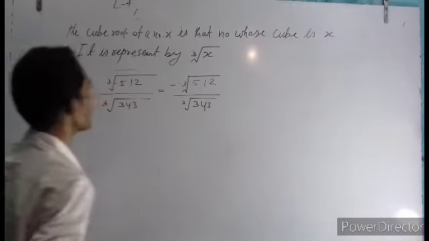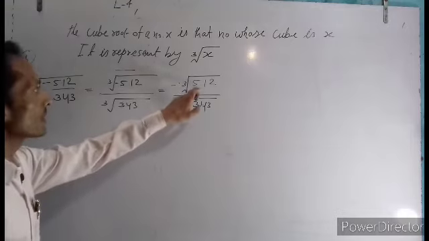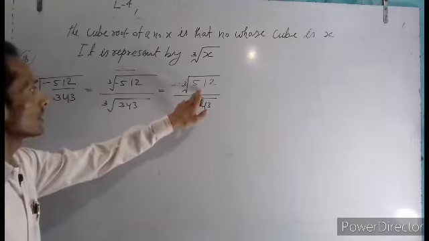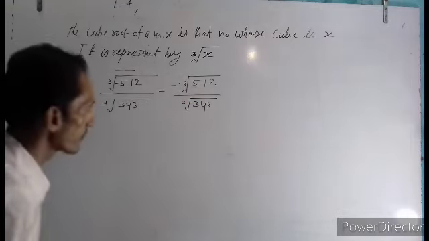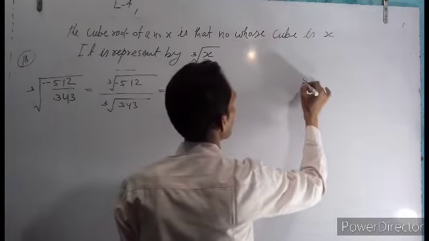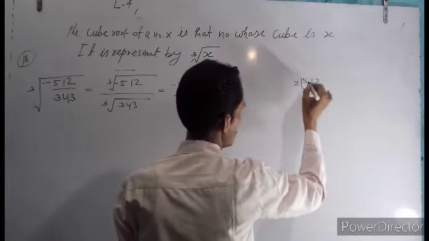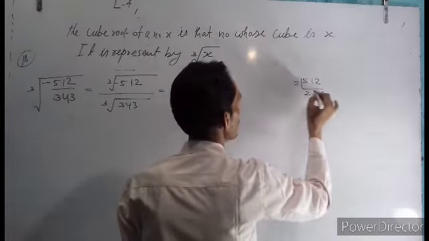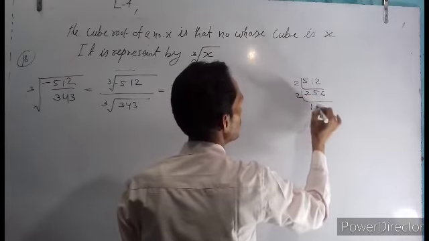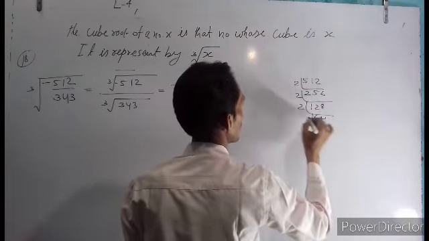Okay. Now do the first step. We have to do prime factorization separately. The numerator is one way and the denominator is another way. So first find the prime factorization of 512.